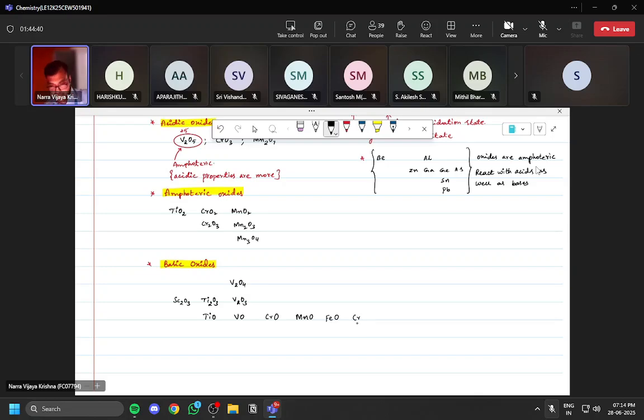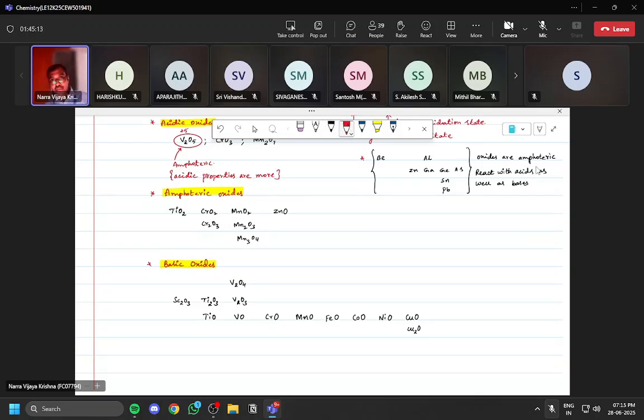Next, iron, FeO, cobalt, CoO. Cobalt oxide, nickel oxide, copper oxide, and I am not writing zinc oxide, because I will write zinc oxide here, right? Correct or not?